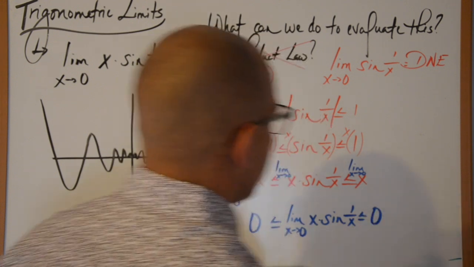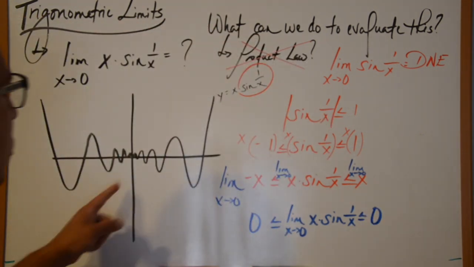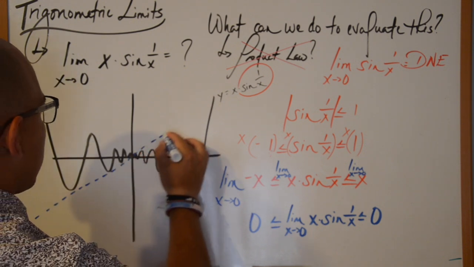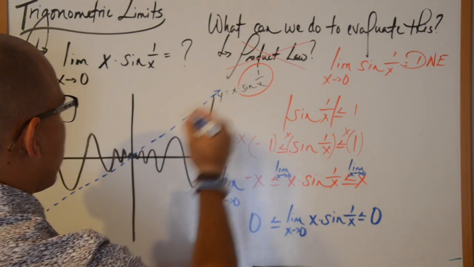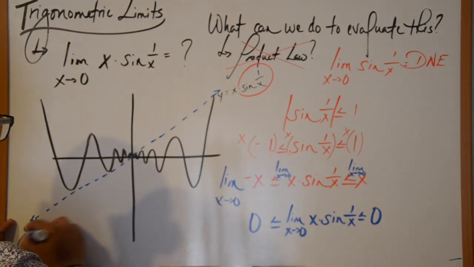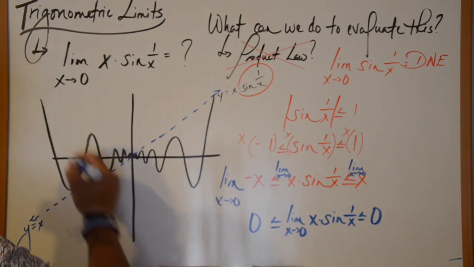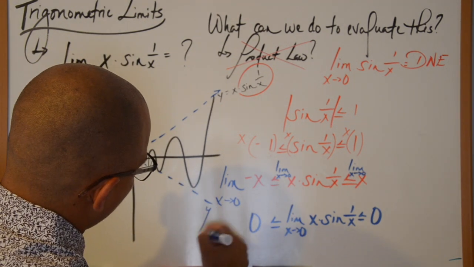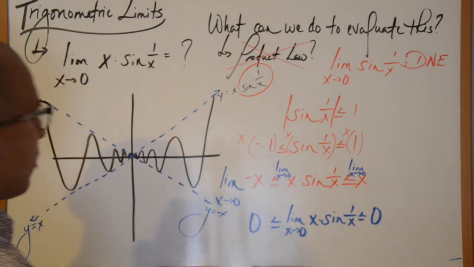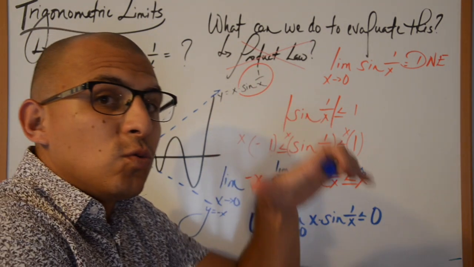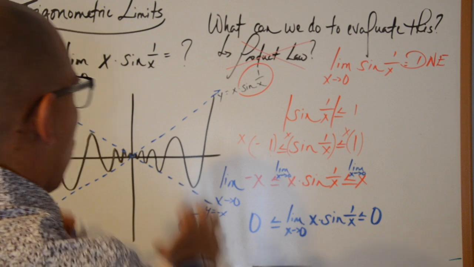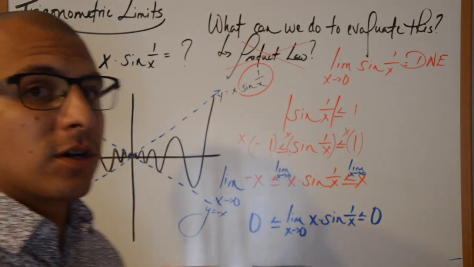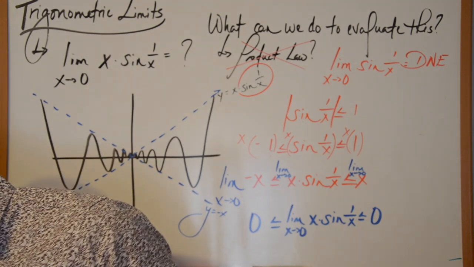And we know that will yield a 0. And now take a look, right? If I draw my graph, we have y equals x, and we have y equals -x, thus squeezing our trigonometric function between two more viable functions that we can algebraically manipulate.